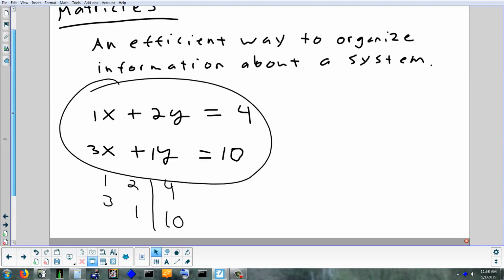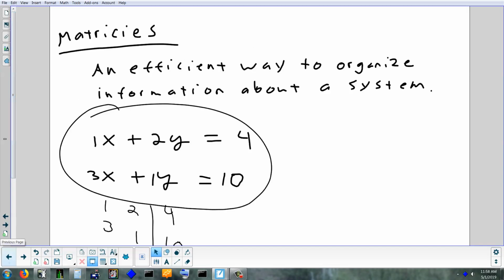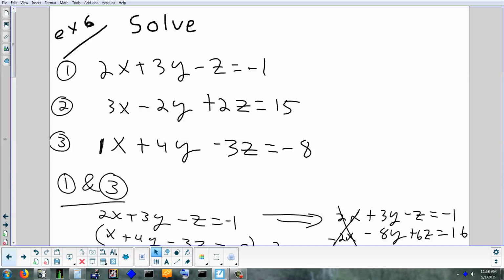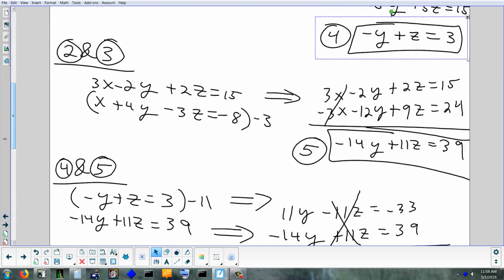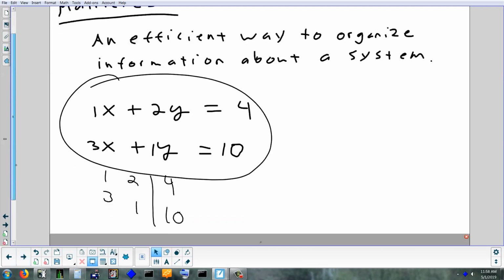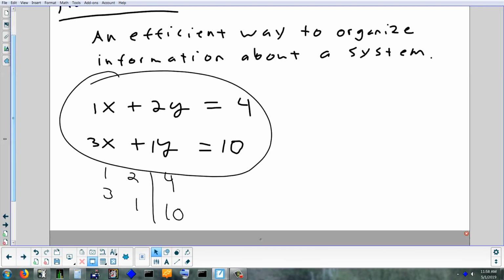So is it less writing? A little bit. Still a lot of writing, but it's nowhere near as much as we just did in this problem. Imagine writing all that without having to write any equal signs, any x's, any y's, or any z's. It's probably like 30 things I wouldn't have to write. Okay, but we're not going to get into matrices.